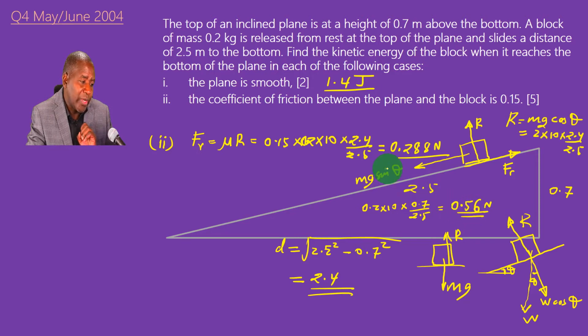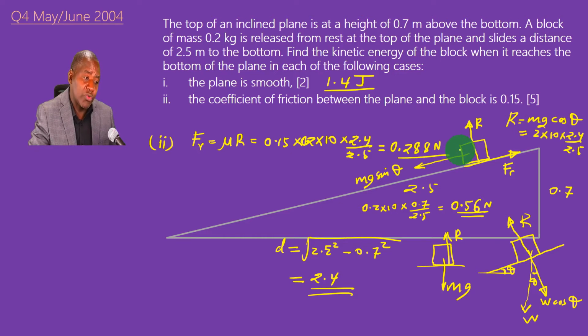Again, when I look at a value of 2.8, which is approximately 3, I multiply it by a distance of about 2, I get 6 joules. It will be greater than the amount of energy which I had gotten here. Again, that one is not possible. It means the object will not move in the first place. So such things help me to check my answers very, very fast. So, at this point, where am I leading to with the friction force?